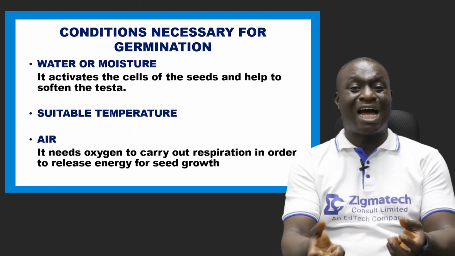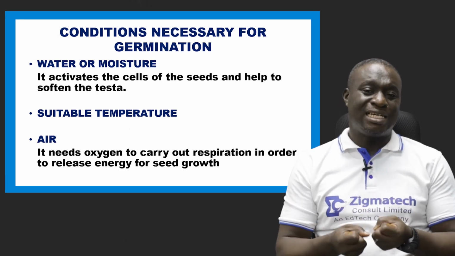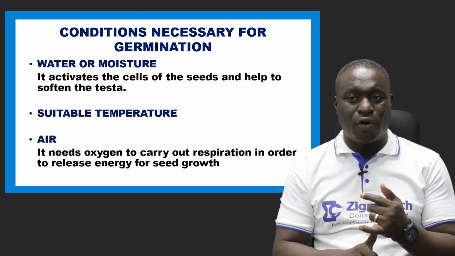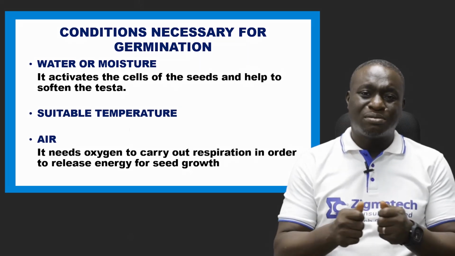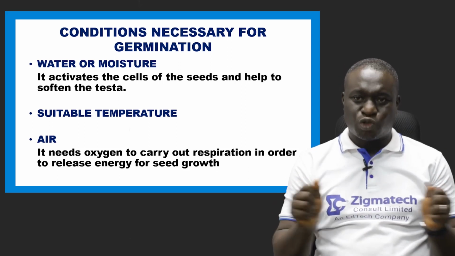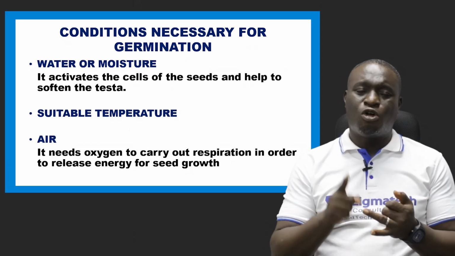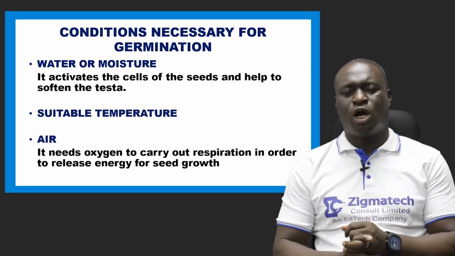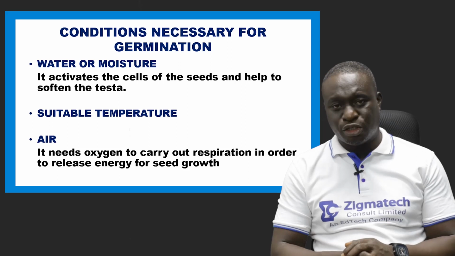So the water that is absorbed by the seed when it is inside the soil helps to activate the seed, and also helps to soften what? The testa, so that it can split. So water or moisture is very, very necessary. Another one is suitable temperature.